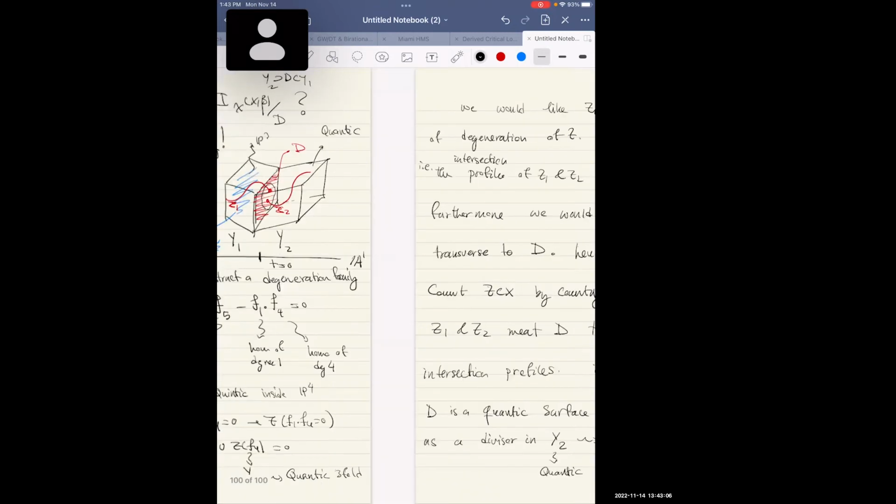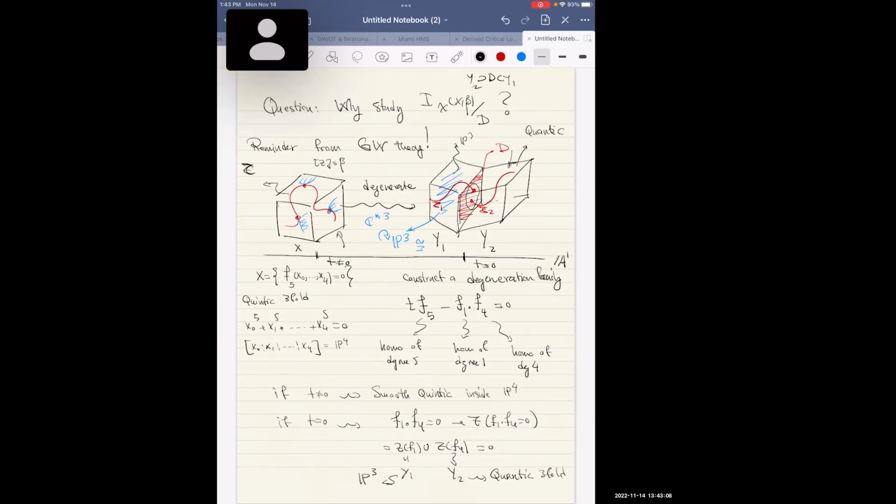So this ambient space itself is degree 4. So if you intersect it with the hyperplane, the result of intersection is a degree 4 thing. So it's the K3. This space P3 is itself just P3 hyperplane. So if you intersect it with the quartic, you also get the same thing, D. Yeah? Okay, thanks.